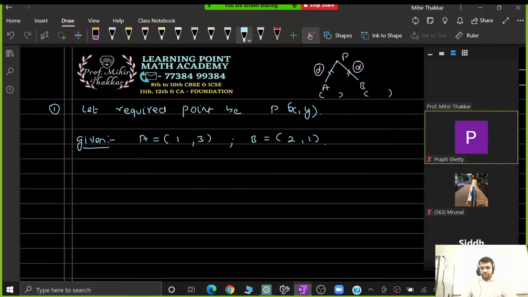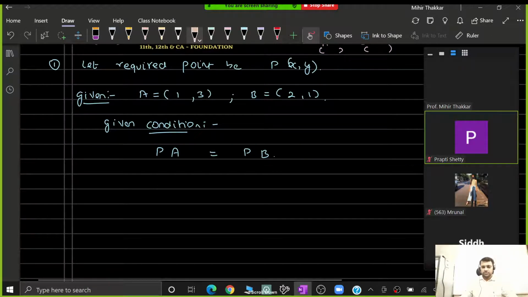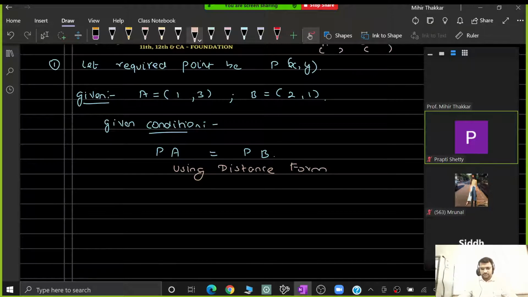So, given condition, PA is equal to PB. So I will write over here using the distance formula.